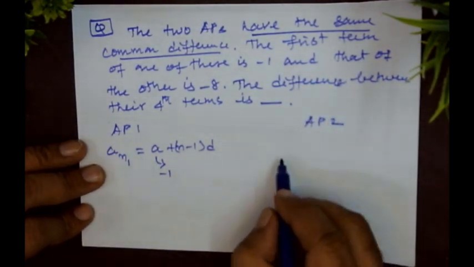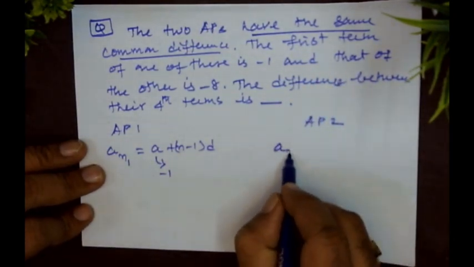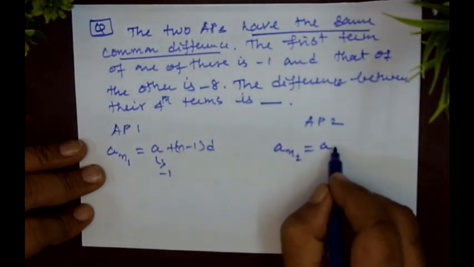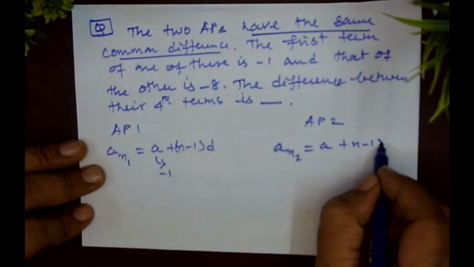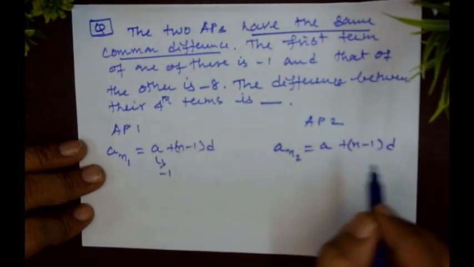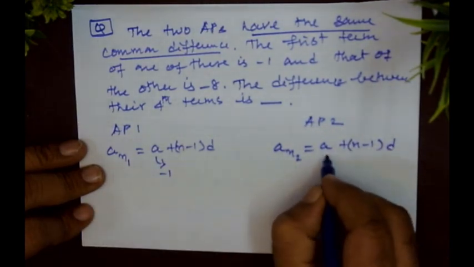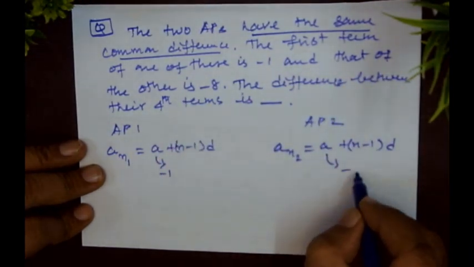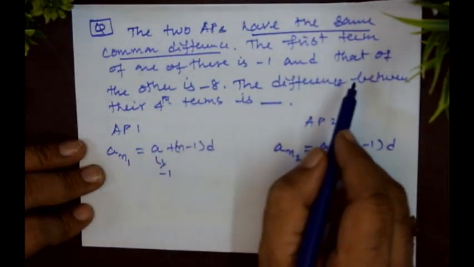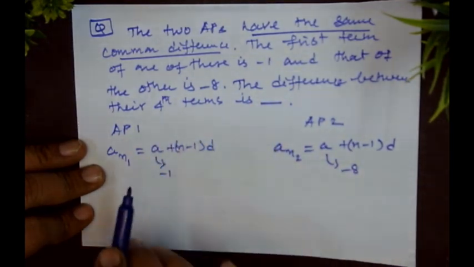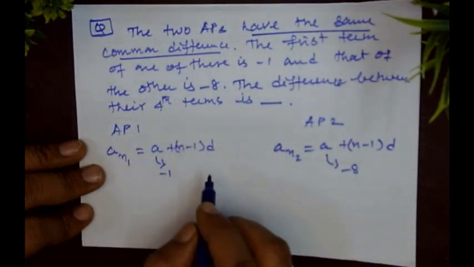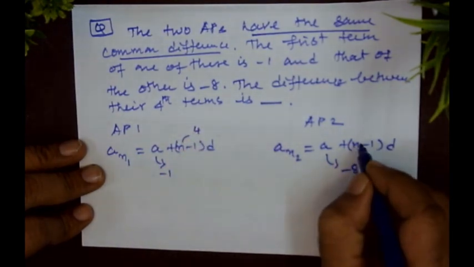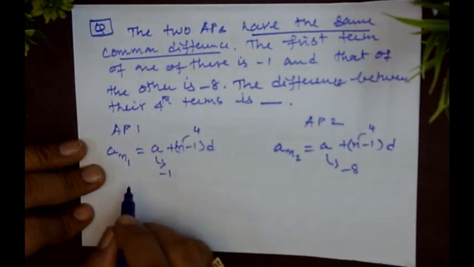And that of the other, so let us say an2 is equal to a plus n minus 1 into d, and here this a, that of the other, is minus 8. The difference between their fourth terms is given, so n is 4, here also 4.